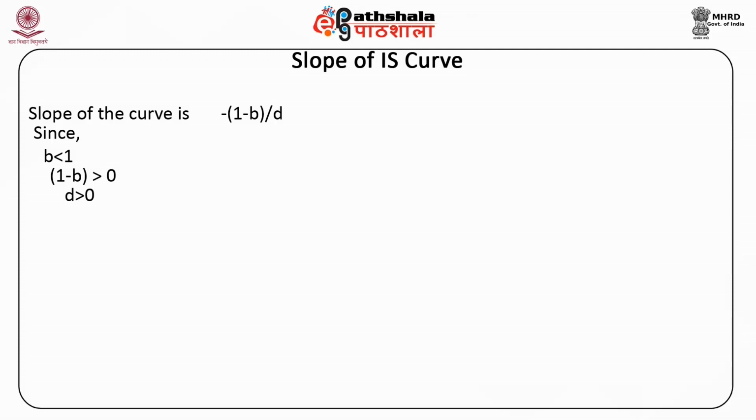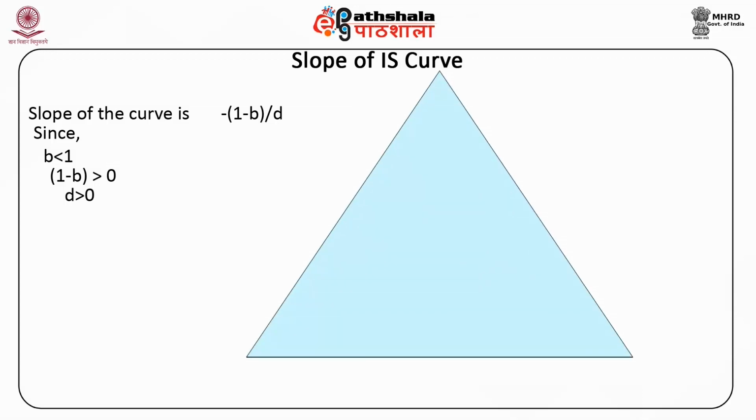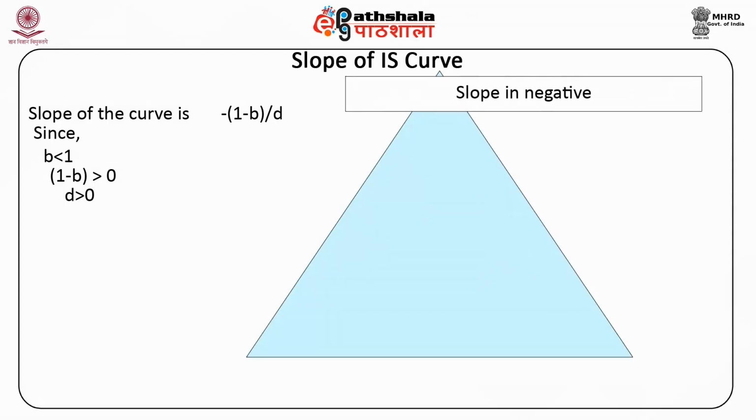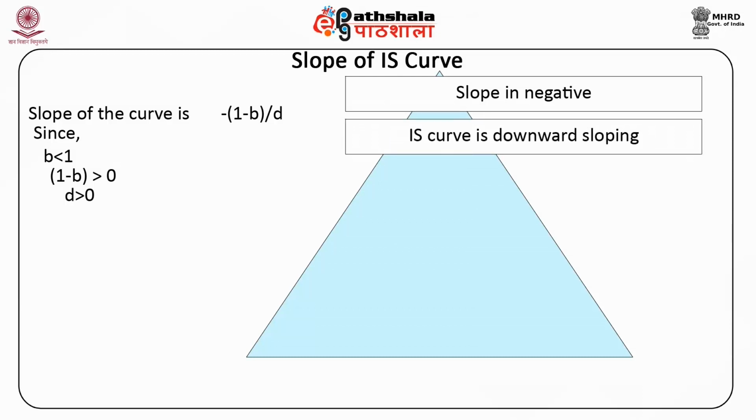Since b is less than 1, 1 - b is greater than 0. Also, d is greater than 0. Therefore, the slope is negative, implying that the IS curve is downward sloping.